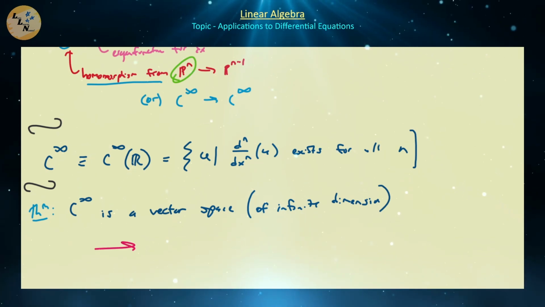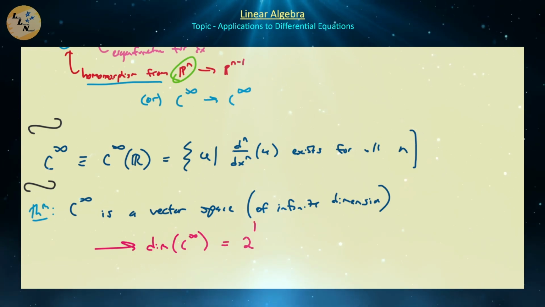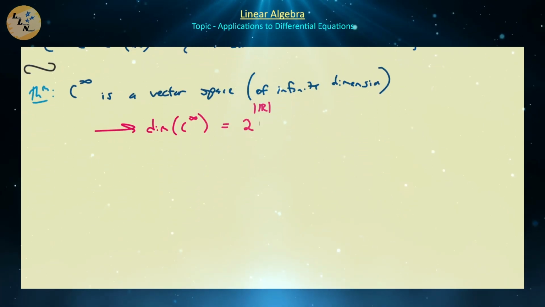In particular, for this particular infinite dimensional vector space, one can show via some cleverness that the dimension of C infinity is going to be equal to 2 to the power of the cardinality of the real numbers. So call the number of real numbers, let's call that, for example, omega. There's going to be 2 to the power omega vectors that will serve as a basis for C infinity, which is quite a lot, right? So we're not going to attempt to list them all here.